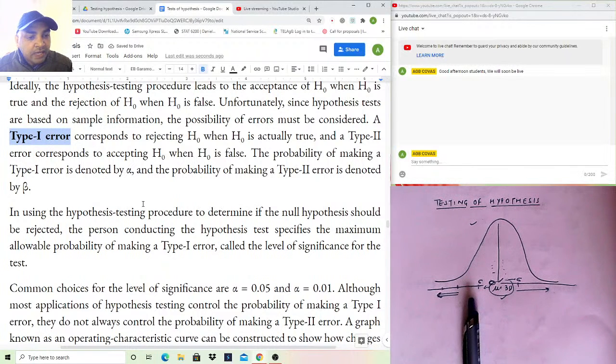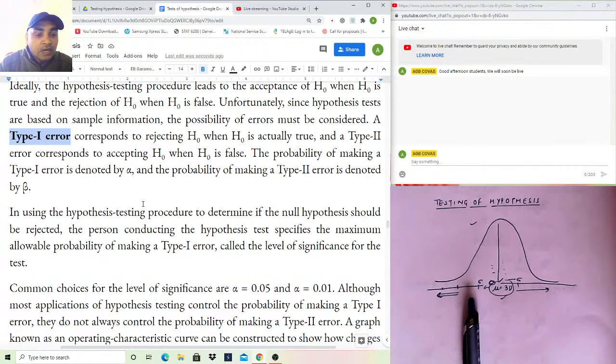And what is a type 2 error? You accept the null hypothesis when the null hypothesis is actually false. It might be possible that you have considered the average age of the listeners of a population to be 30, and it is actually not. When you do a census, you will find that the population value is something else, but when you take a sample, it comes to 30.